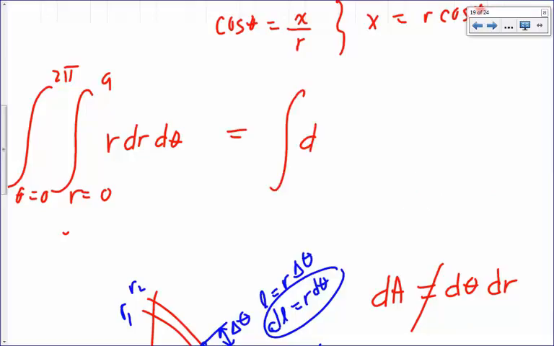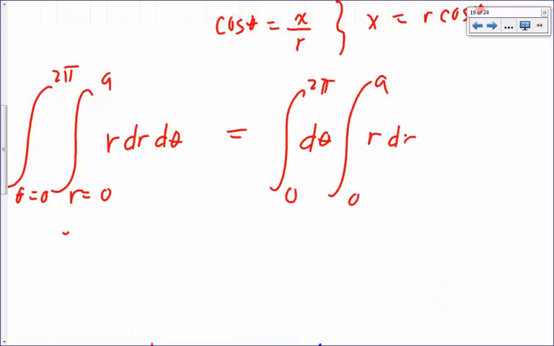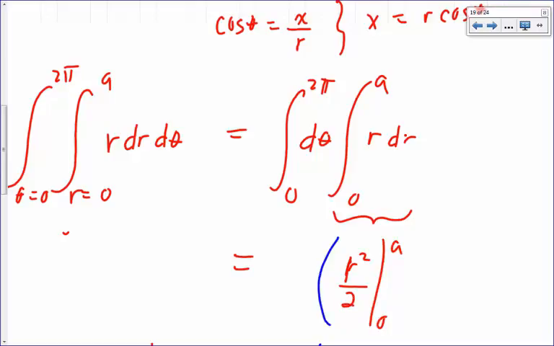So let me put d theta here from 0 to 2 pi, and you have r dr from 0 to a. And that should just give you, integral of r dr is r squared over 2, evaluated from 0 to a. And then that result, you integrate with respect to theta from theta equals 0 to 2 pi.